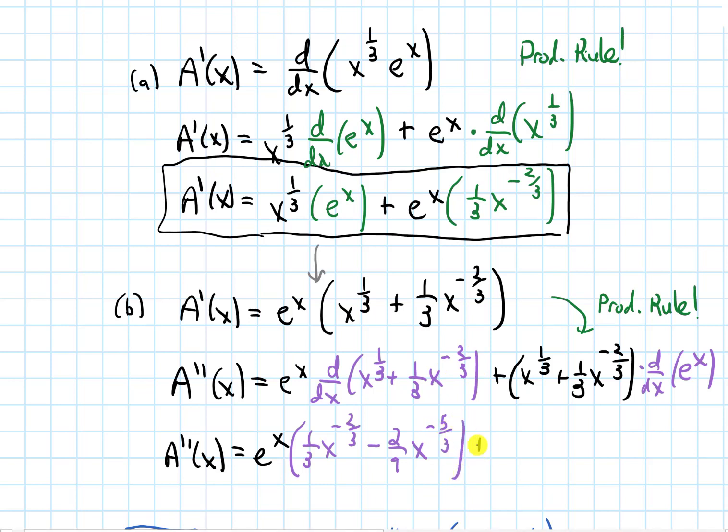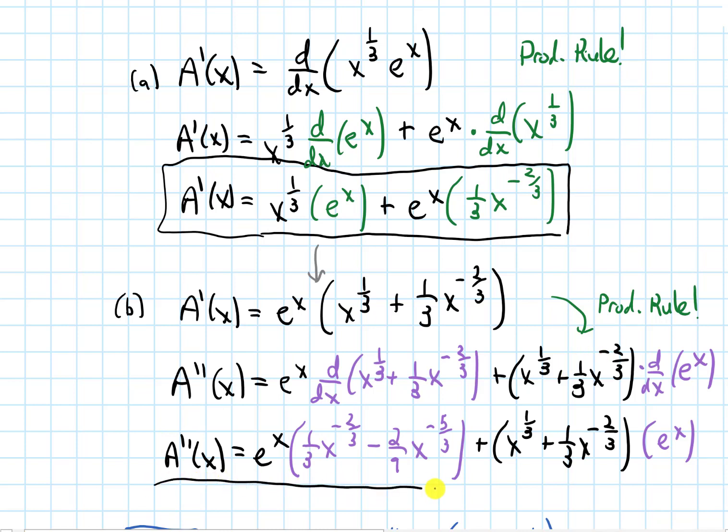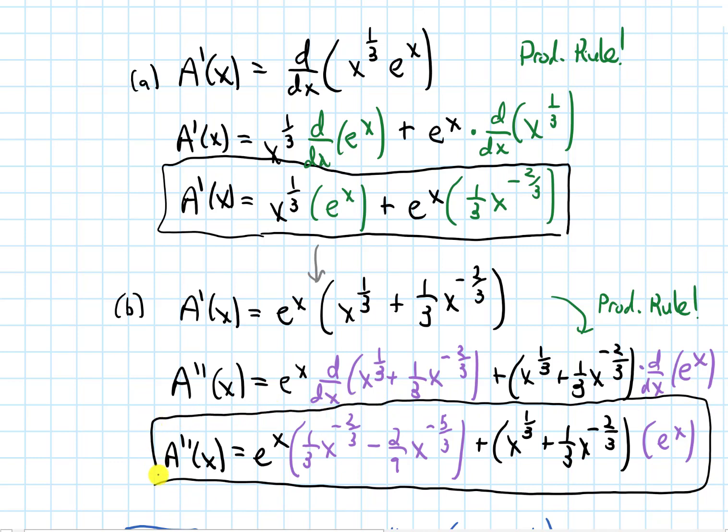All right, and then I have plus this x to the 1/3 plus 1/3 x to the negative 2/3, and then times the derivative of e to the x, which is just itself. All right, so we have finished that application of the product rule, and that is my second derivative. I don't need to simplify it, so it's okay to leave it like this. I just simplified the first derivative a little bit, so it made doing the second derivative a little bit easier.